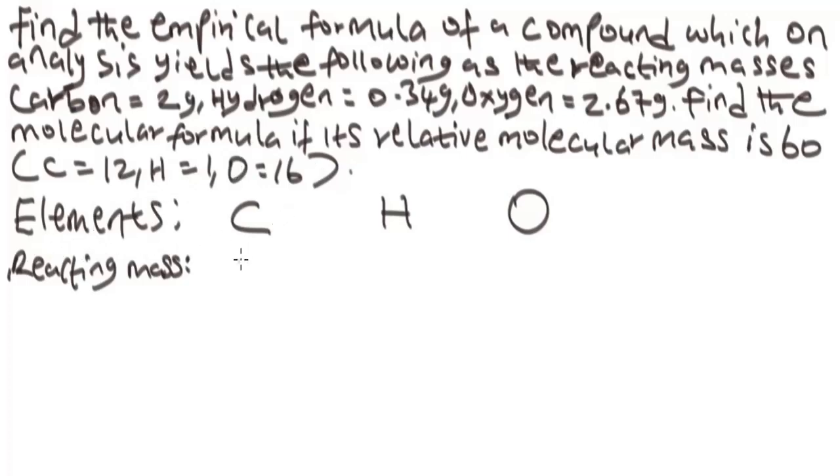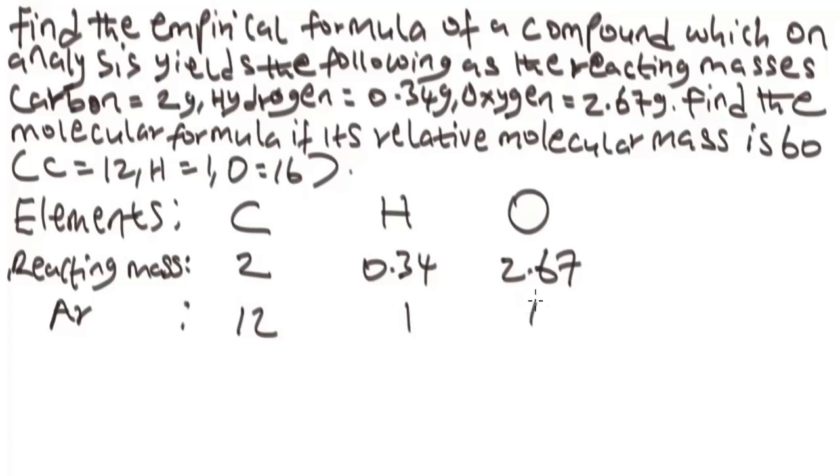So reacting mass here, for carbon we have it to be 2, for hydrogen we have it to be 0.34, for oxygen we have it to be 2.67. After doing this, you then bring out the relative atomic masses. The relative atomic mass of carbon is 12, that of hydrogen is 1, and that of oxygen is 16.